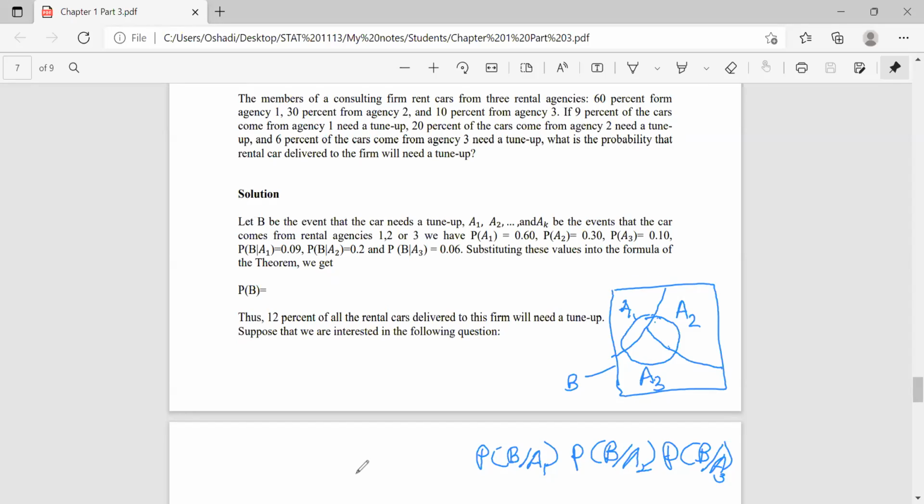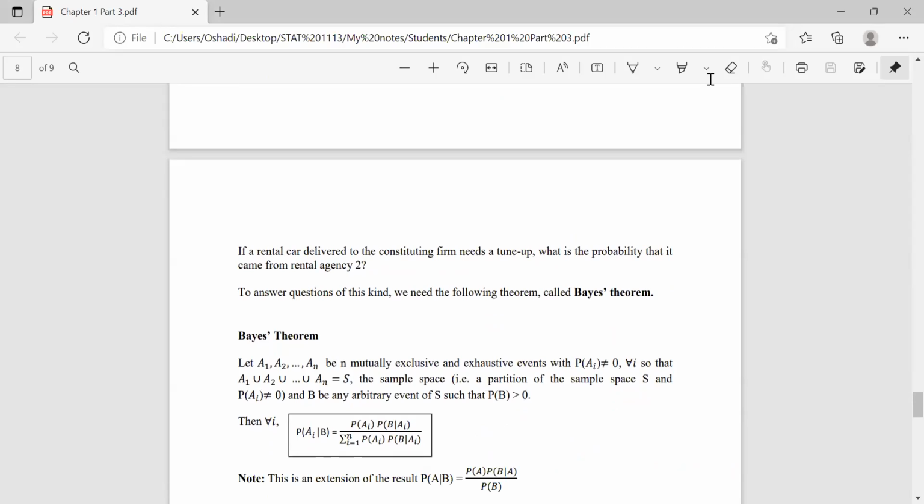What is P(B)? Right? So that is the unconditional probability of the event B when the sample space has a partition, right? Now, if a rental car delivered to the consulting firm needs a tune-up, what is the probability that it came from rental agency 2?